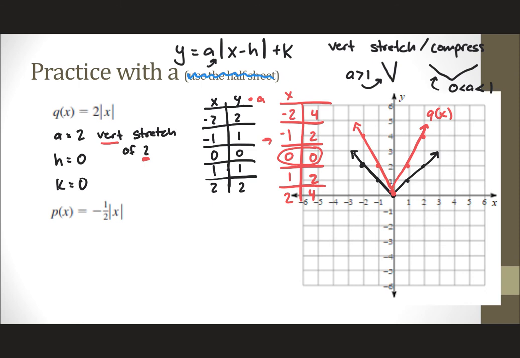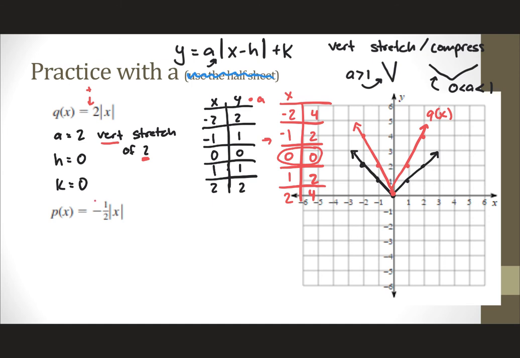Now, that's A's first job. The first job is vertical stretch or compress. A also has a second job. Okay? A's second job talks about the sign, and it focuses only on the sign of the number. So if I look at Q of X, I can see that A is positive.